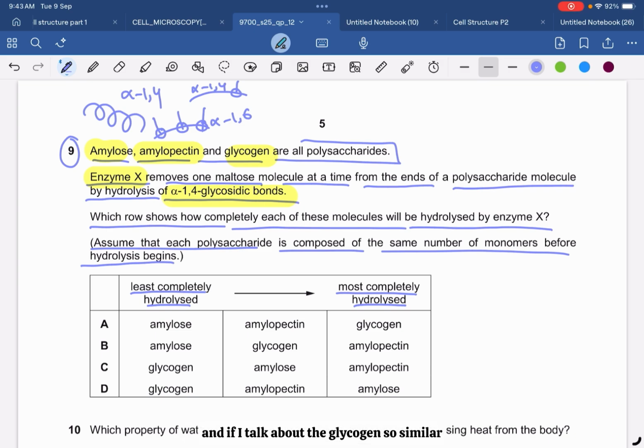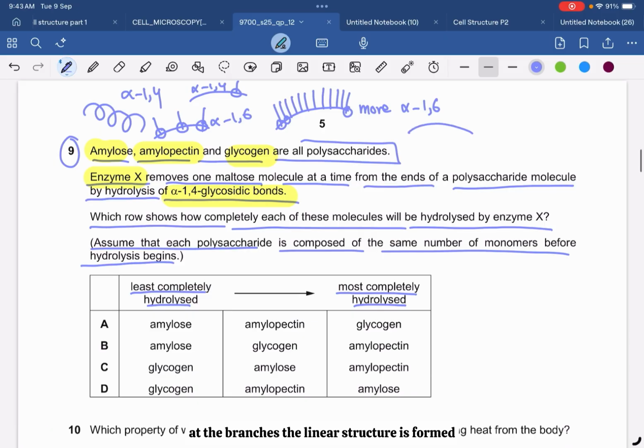And if I talk about the glycogen, similar is the case for the glycogen as it is for the amylopectin, but over here the glycogen is more branched than the amylopectin, which means that the glycogen has more alpha 1,6 glycosidic bonds, and alpha 1,6 glycosidic bonds are formed at the branches.